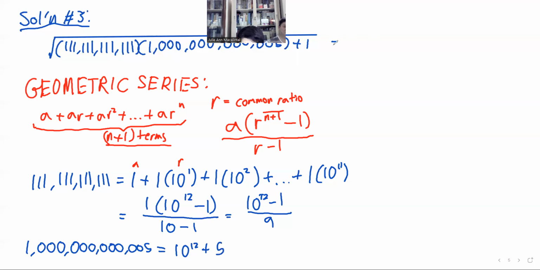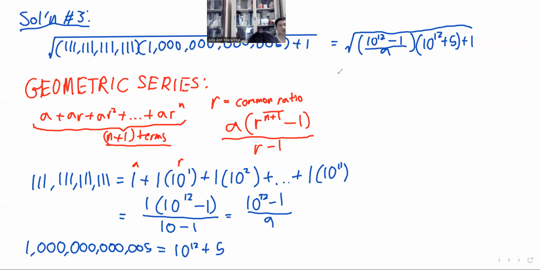So now this big equation is simply contracted into 10 to the 12 minus 1 over 9 times 10 to the 12 plus 5 plus 1. Yes. And then we can impart the 1 and the 10 to the 12 plus 5 all into the 9 on the bottom, and then the fields.